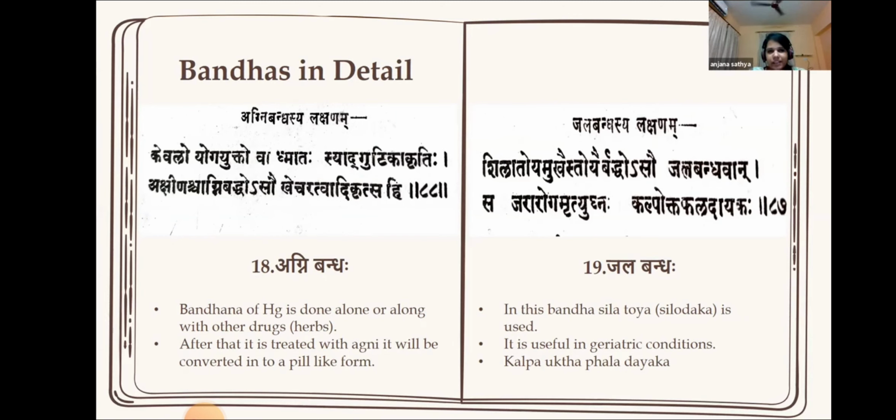That is the meaning. These bandhas have a deeper meaning, but you don't have to go into that aspect, because at UG and PG level it is not needed that much.